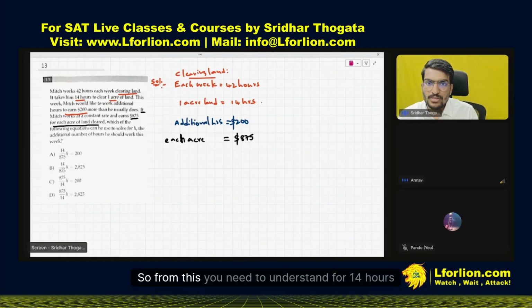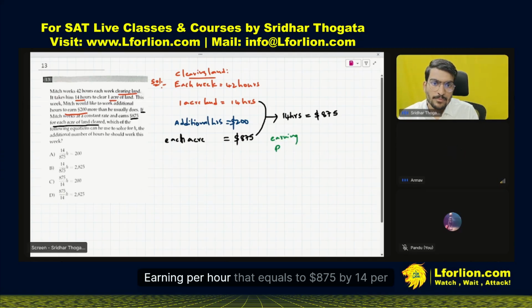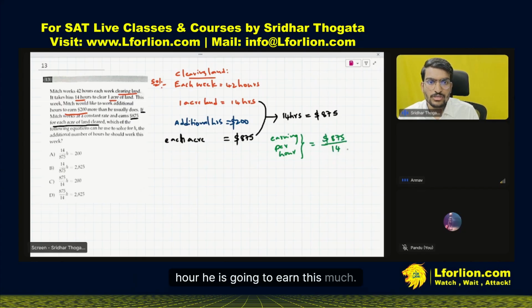From this, you need to understand that 14 hours equals $875. Then earning per hour: for 14 hours he is earning $875, so per hour he is going to earn $875 by 14. This is the division part; you can divide or just leave it like that.